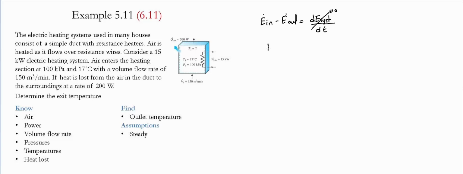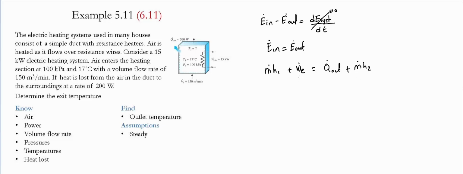We rewrite this as E dot in is equal to E dot out. The rate of energy going in is what is being carried by the fluid, mass flow rate times h1, plus the electrical power going in, and that is equal to the rate of heat leaving, plus what is being carried out by the fluid leaving the system.